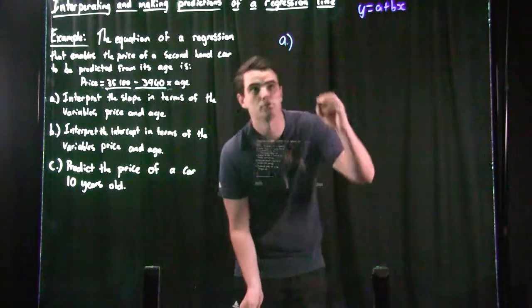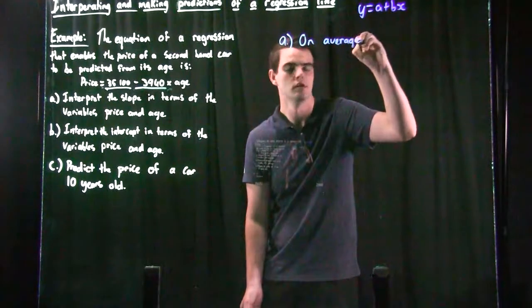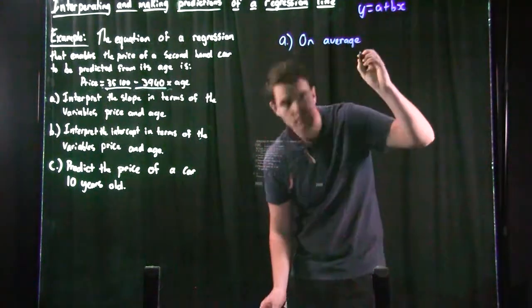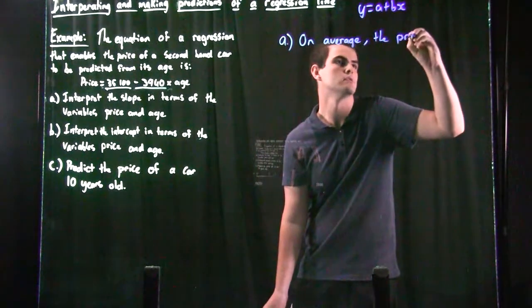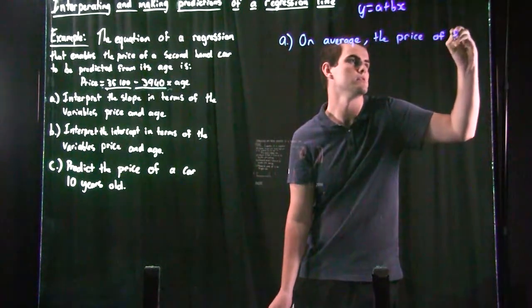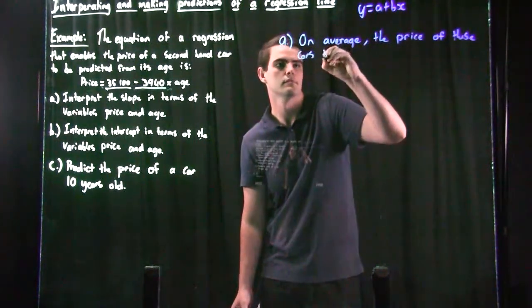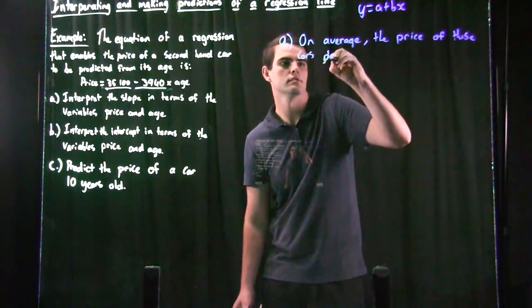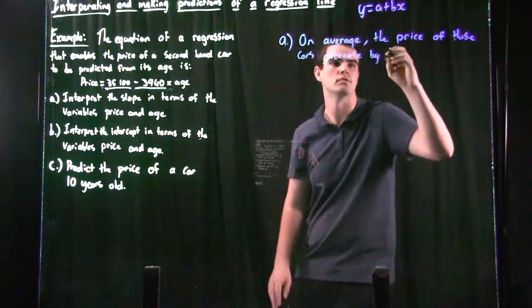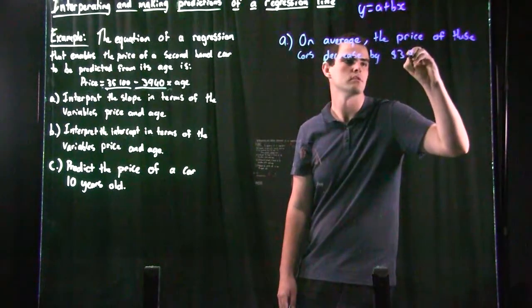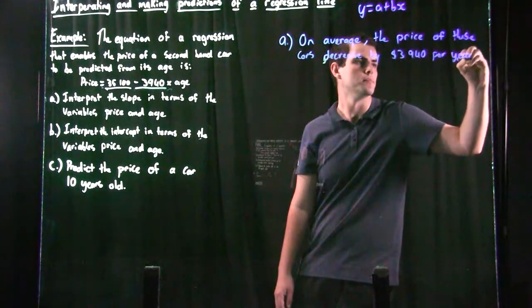Okay, so I'm going to write that up. So on average, the price of these cars decrease by, and what was my value? 3,940 per year.